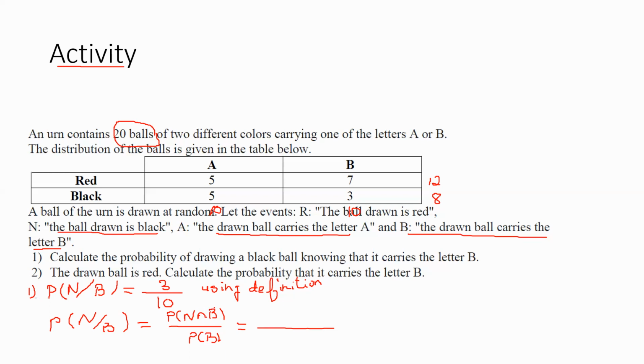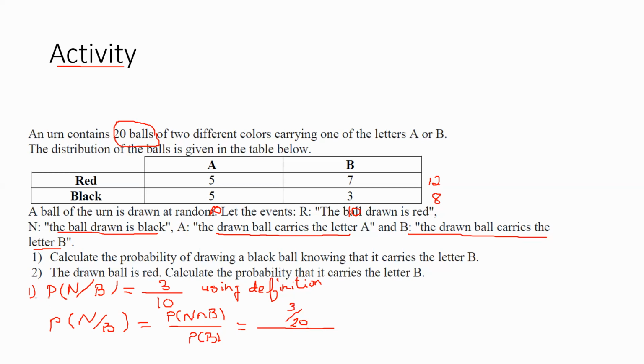N intersection B means black and carries the letter B. How many do we have black and carrying the letter B? 3. So 3 over how much? 20.